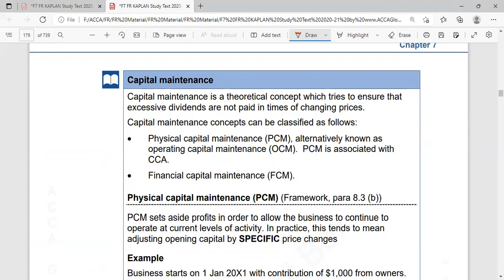So the last concept is capital maintenance, also called the capital recovery concept. Generally, capital maintenance is nothing but capital recovery.